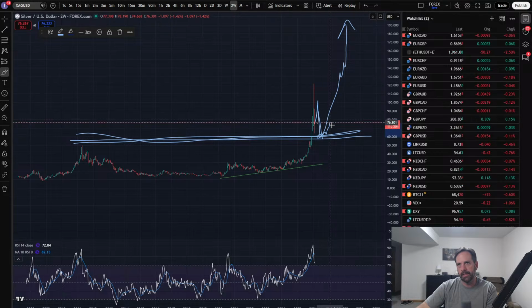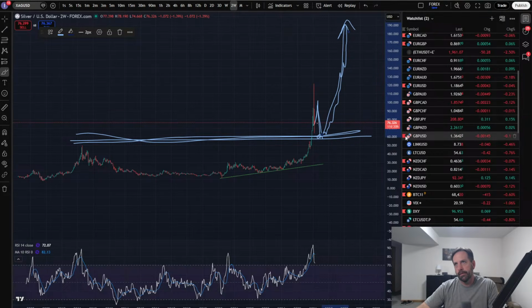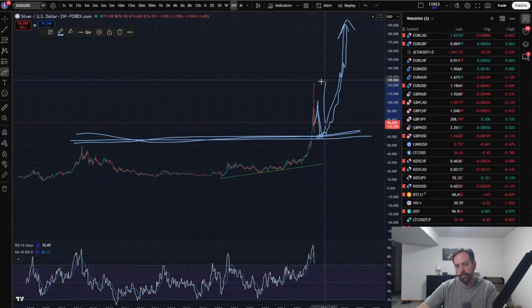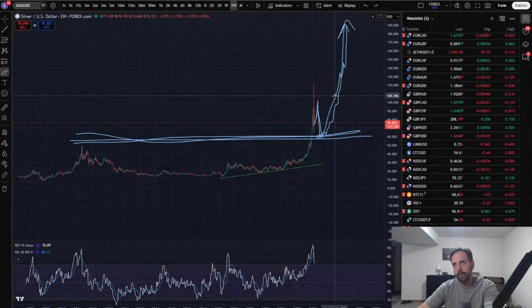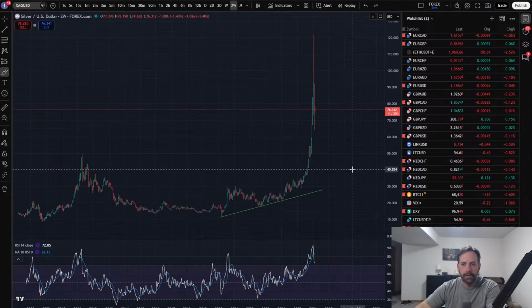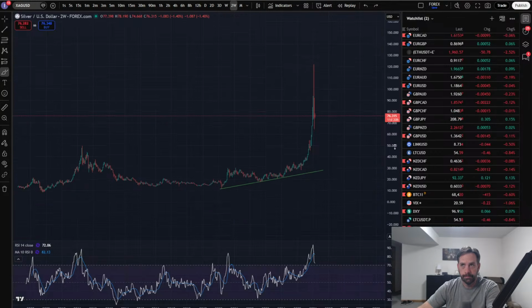Once it hits this range, it's going to probably up and go. And this year, we're going to see real possible $200 silver, in my opinion. It's possible in the next 2 to 5 years that we see $500 silver. It's possible.